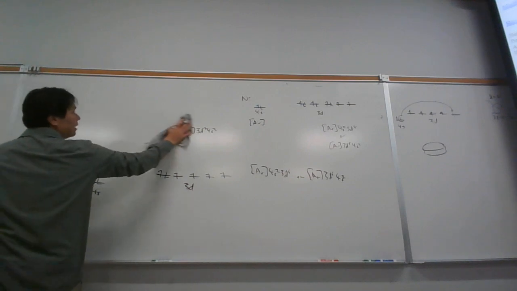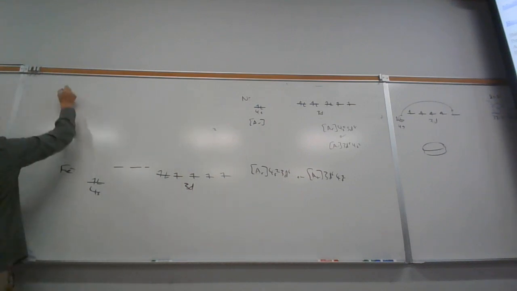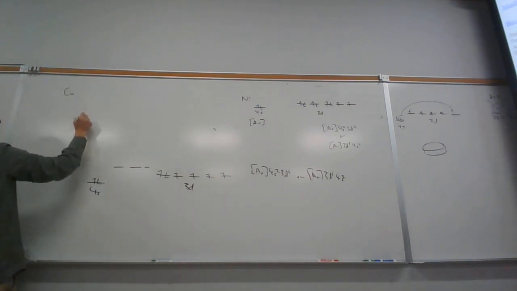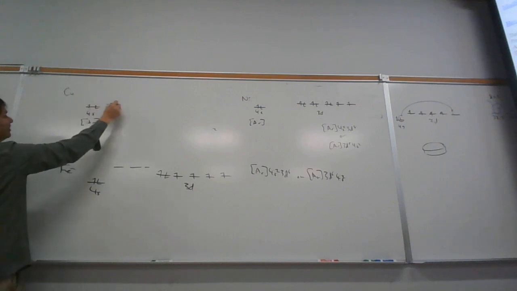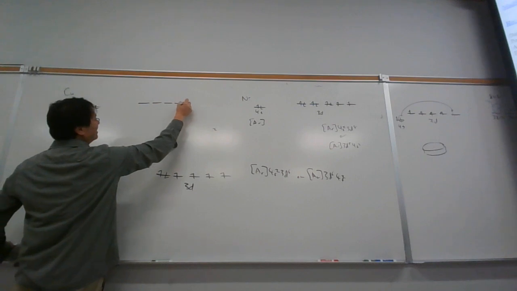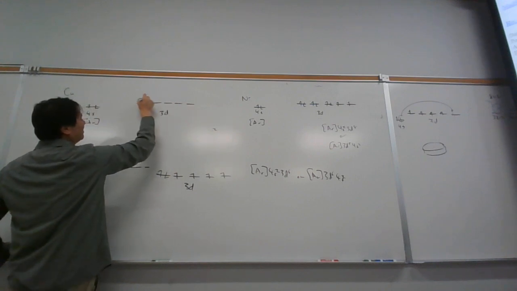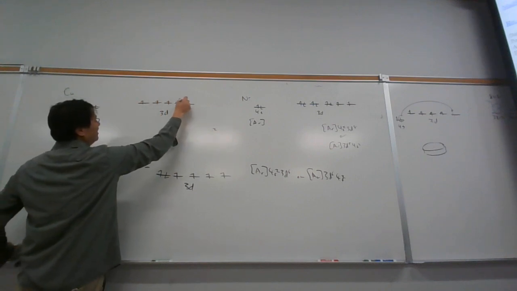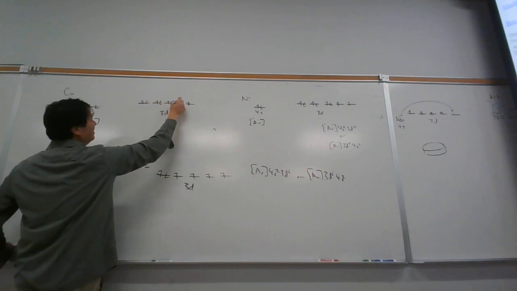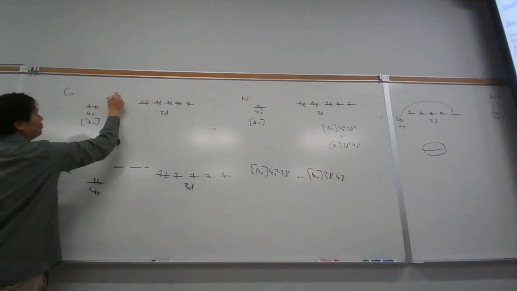So let's take a look at copper next here. Copper should be argon, 4s2, 3d9. The 4p's are empty.